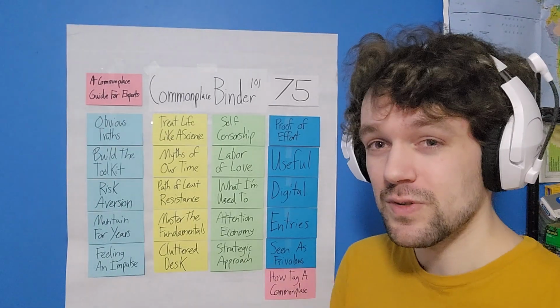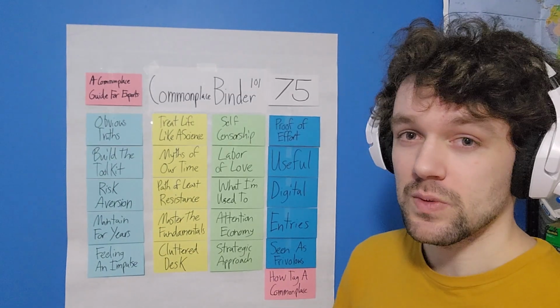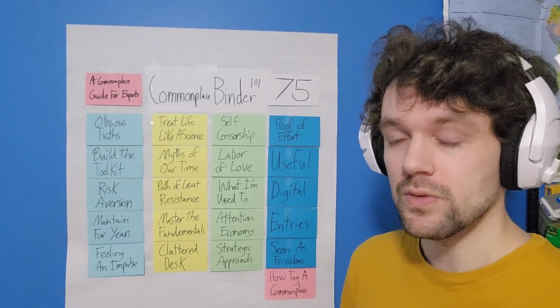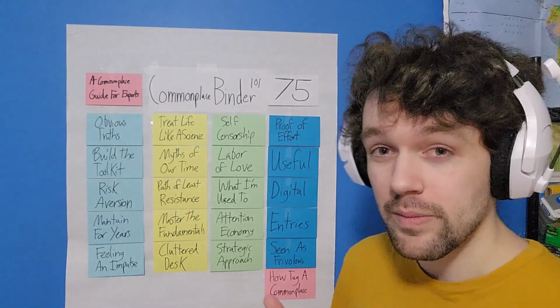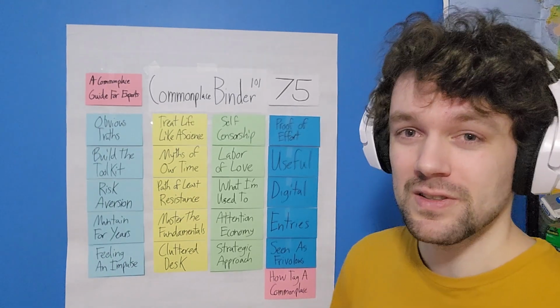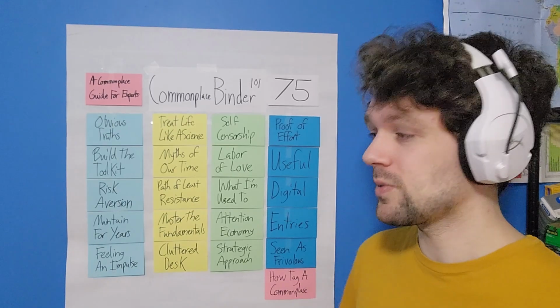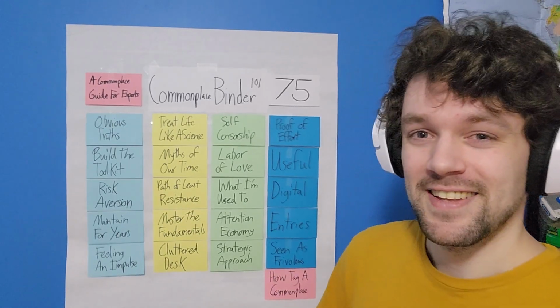Entries. What are your entries going to look like? Well, in the beginning, the way that I started this was I wanted to consolidate my old school notes because I was told that they were valuable and I wasn't allowed to throw them away. So I was like, okay, what am I going to do with these? Consolidate them, of course. Make them something useful. And so what I did is I turned them into my first commonplace binder.